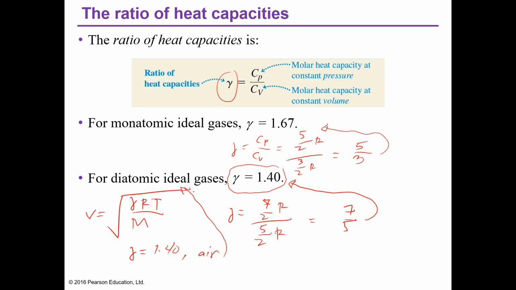That is why the value we used for gamma was 1.40 in order to solve for the speed of sound. Okay, so there is a reason why we used 1.4. It's because air is considered a diatomic ideal gas. Okay.